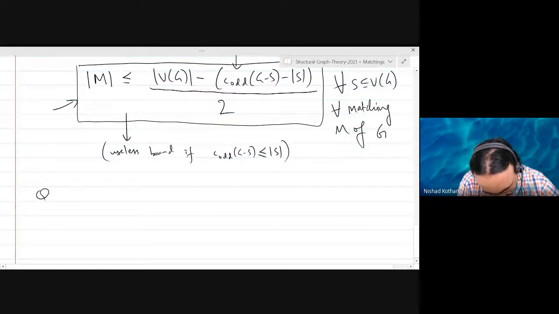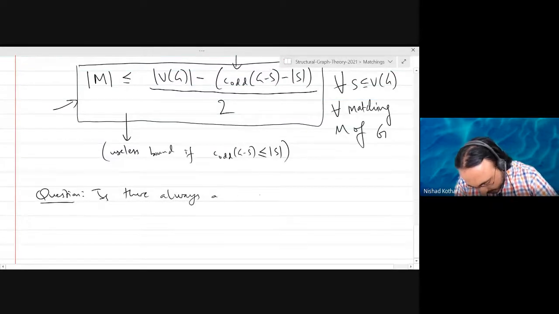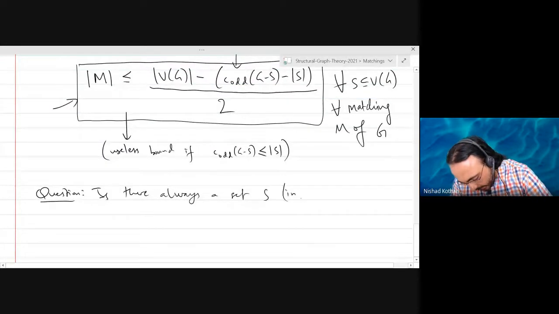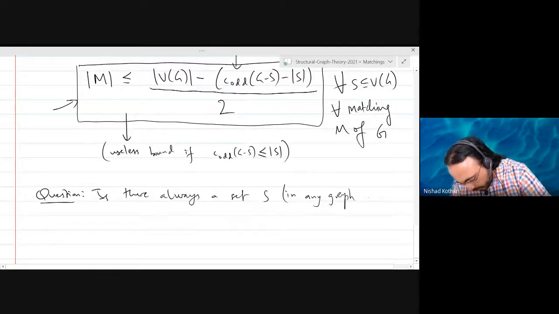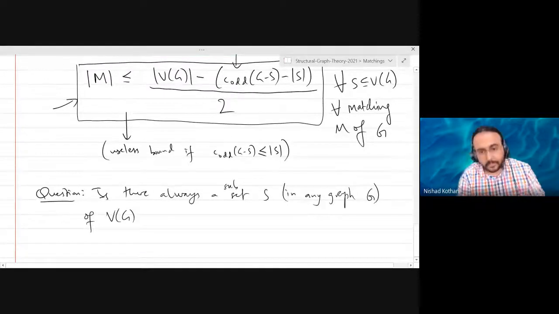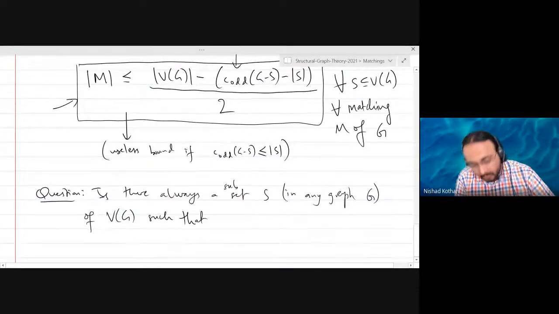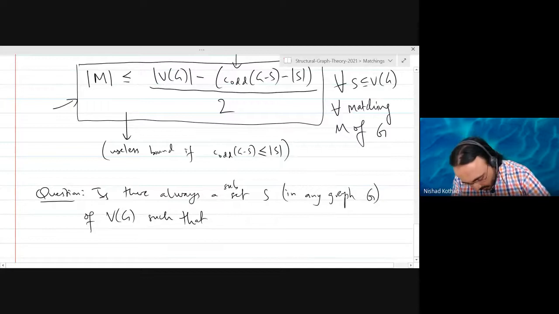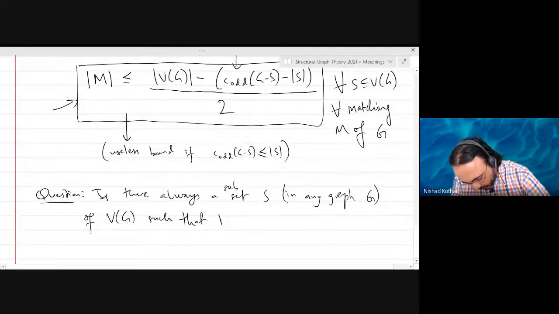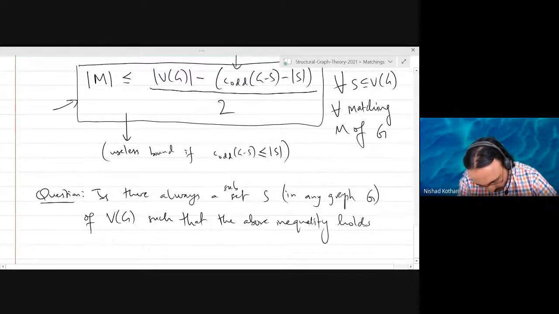So the natural question arises, is there always a set S, a subset S of the vertex set, in any graph G, such that the above inequality holds with equality?